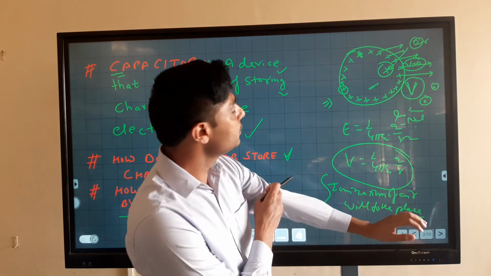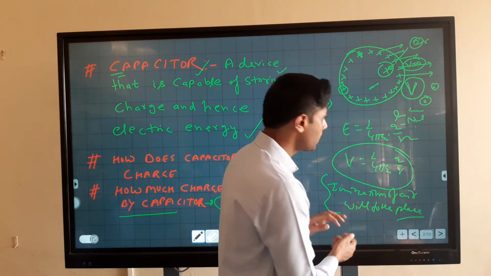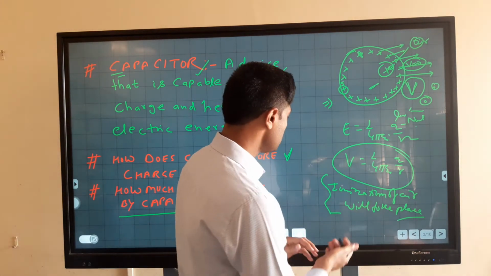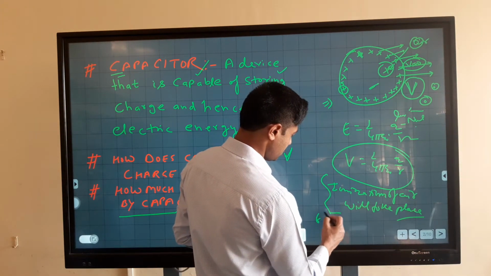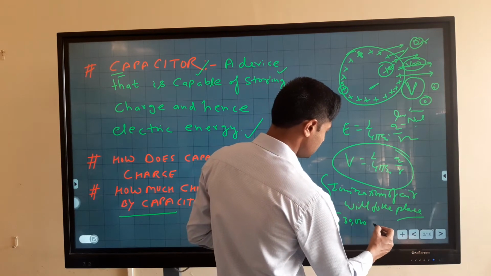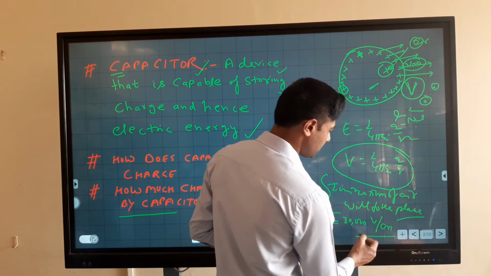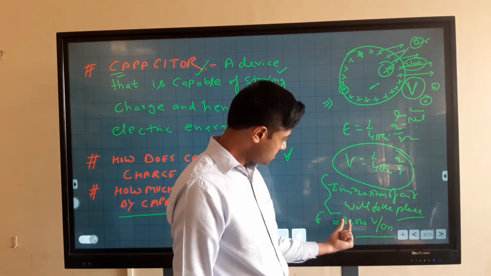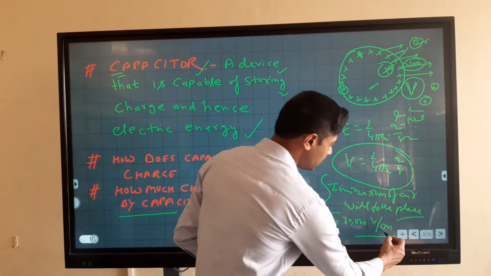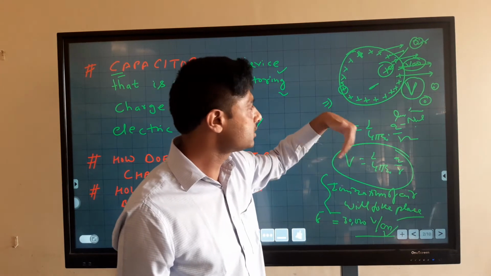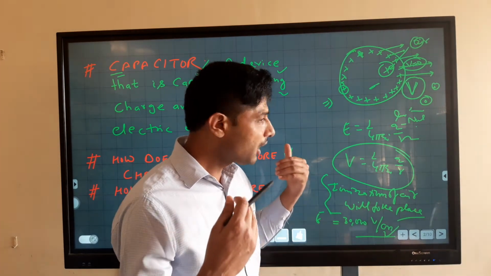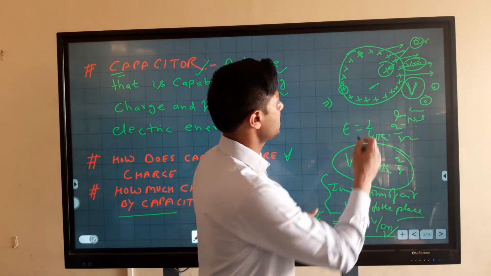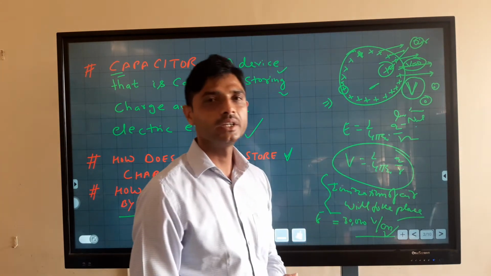The value of the electric field by which we can ionize an air molecule is 30,000 volt per centimeter. It means when the electric field is equal to 30,000 volt per centimeter, the air particles start to ionize, and we can't further increase the charge on the sphere.